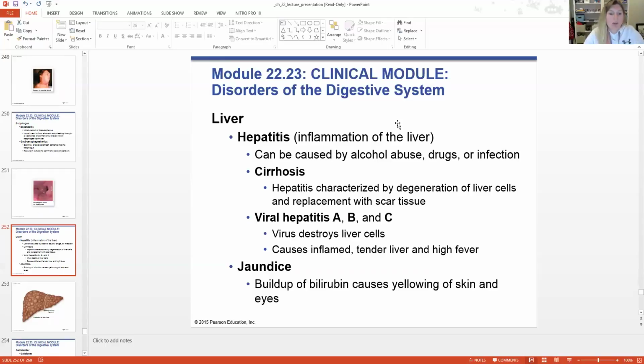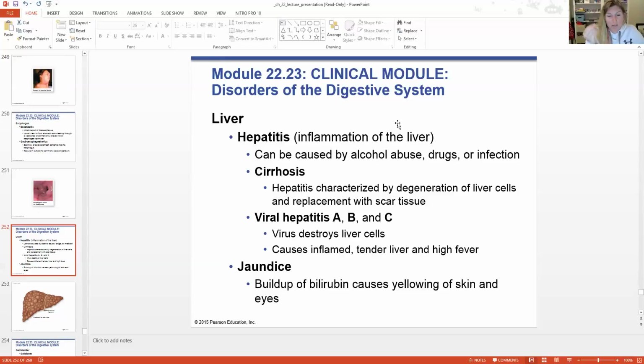Jaundice can result as the buildup of bilirubin causes the yellowing of skin and eyes, and this would be because the liver is no longer recycling that bile out of the blood and back into the gallbladder. There is, and this lecture didn't really address this very well, a cycle of bile that occurs.